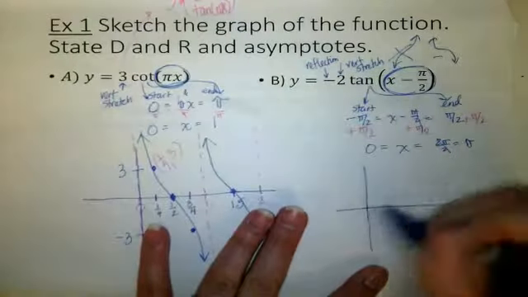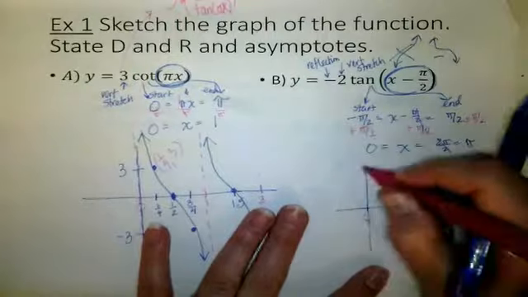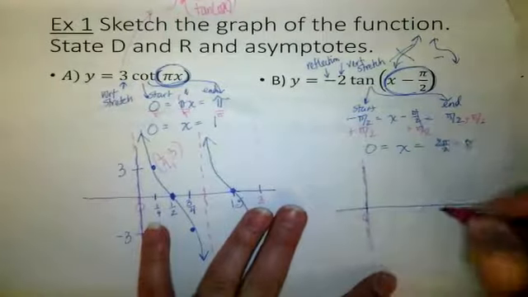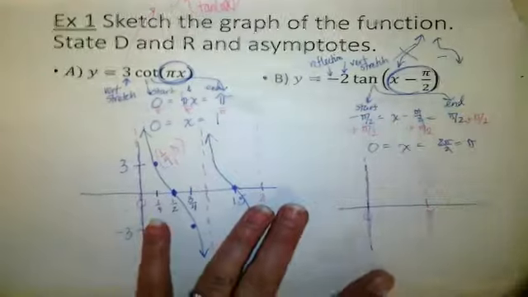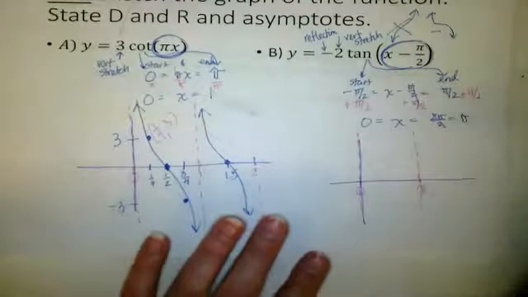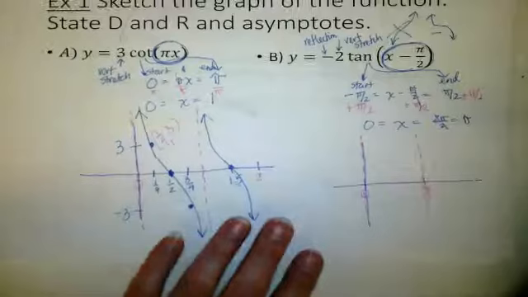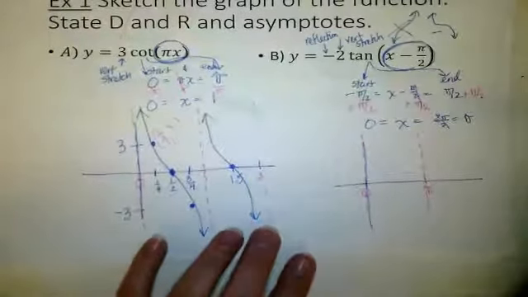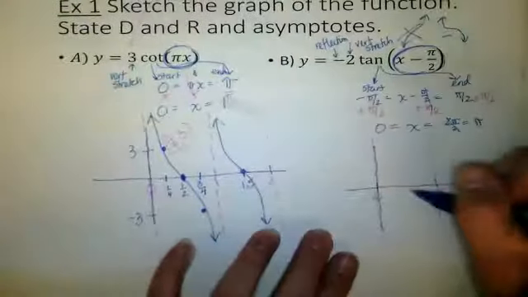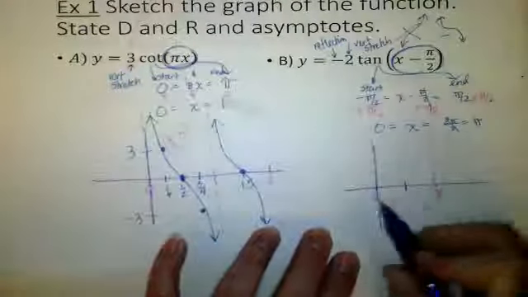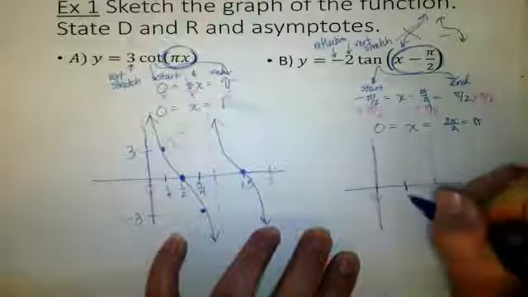Oh, that's interesting. So I have an asymptote at 0 and an asymptote at pi. We need to go back and state the domain, I guess. Forgot. And I want to subdivide just a little bit. What's halfway between 0 and pi?